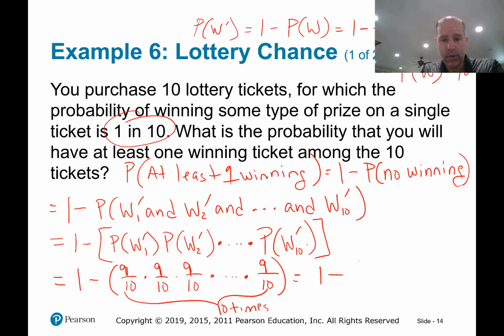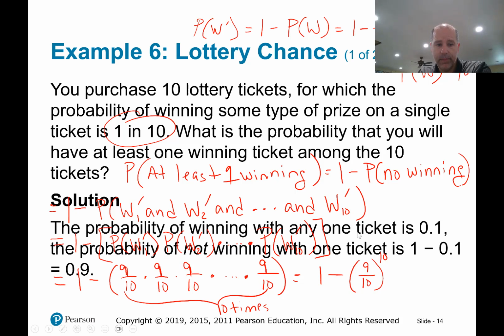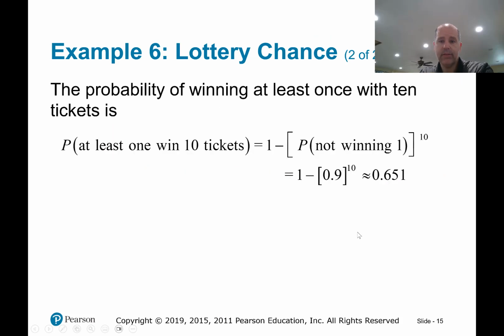Okay, and so it's going to be 1 minus 9/10 raised to the 10th power. And then, of course, you could stick that in your calculator and solve. And so the final probability, the probability of having at least one winning ticket, is not too shabby. It's 0.651. So better than half, right? So not bad.